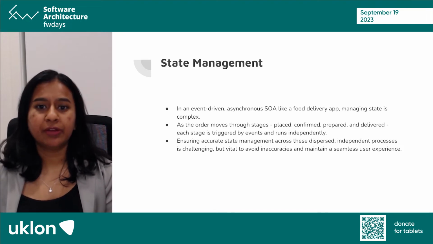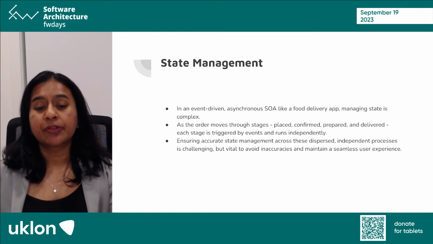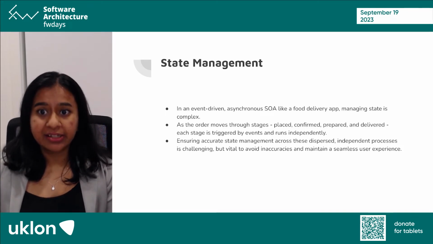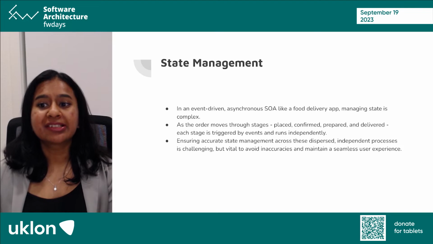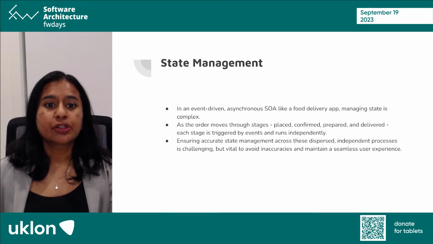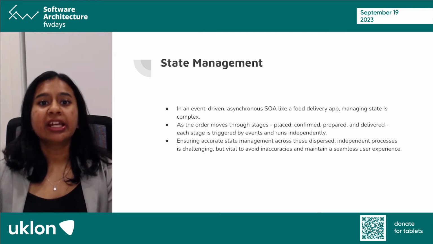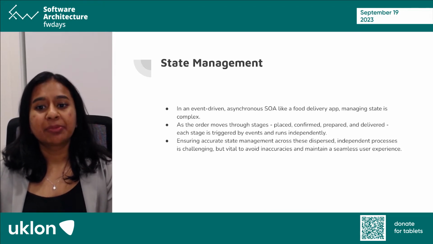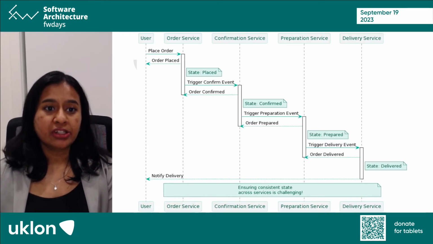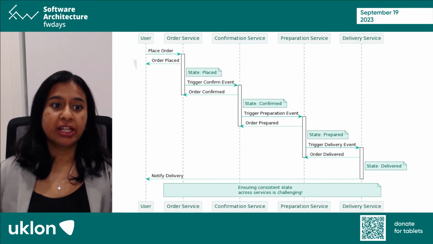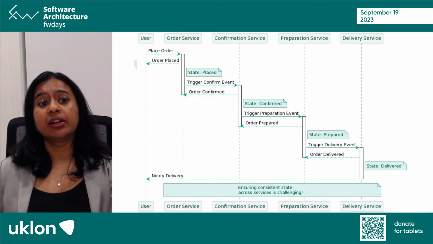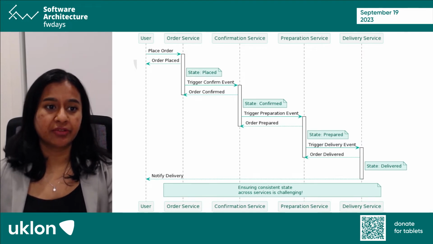Despite these challenges, it's vital to manage states accurately and provide a seamless experience to our customer. Imagine if your food delivery app shows the order is being prepared, while in reality it's already out for delivery. That could certainly lead to confusion and potentially a dissatisfied customer. So the complexity of state management in asynchronous SOA is something that needs careful handling. Now, let's look at a potential architecture of the same food delivery service and how we manage state in this very event-driven system.